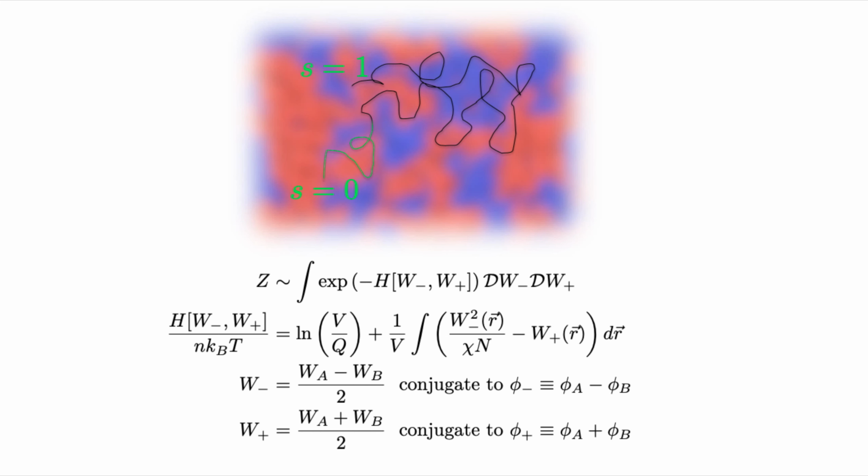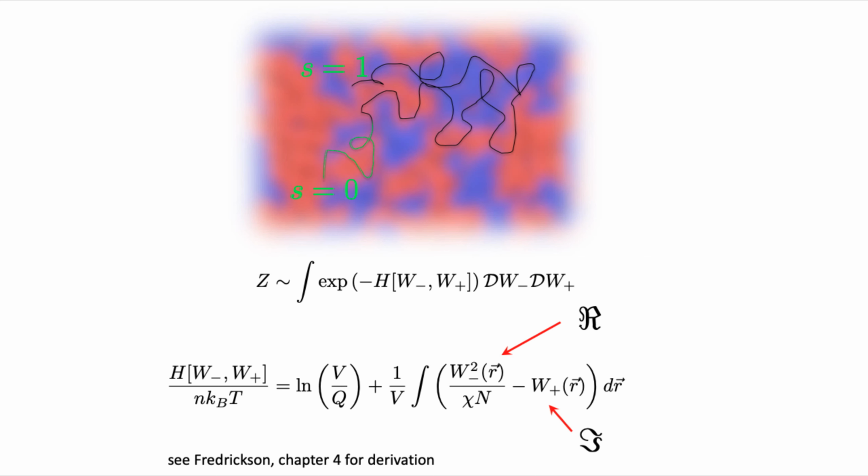There are a number of approaches to this, most notably Monte Carlo simulations and Langevin dynamics simulations. I went through these derivations a bit quickly and glossed over the introduction of two fields, and especially the introduction of W- and W+, so you'll be forgiven for not noticing, but if you go through carefully, you may notice that the fields W- and W+ are not exactly real. Well, W- is, but W+ is purely imaginary.